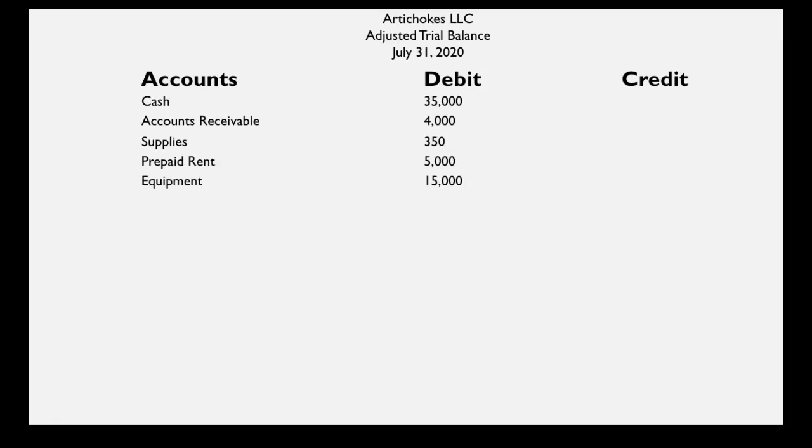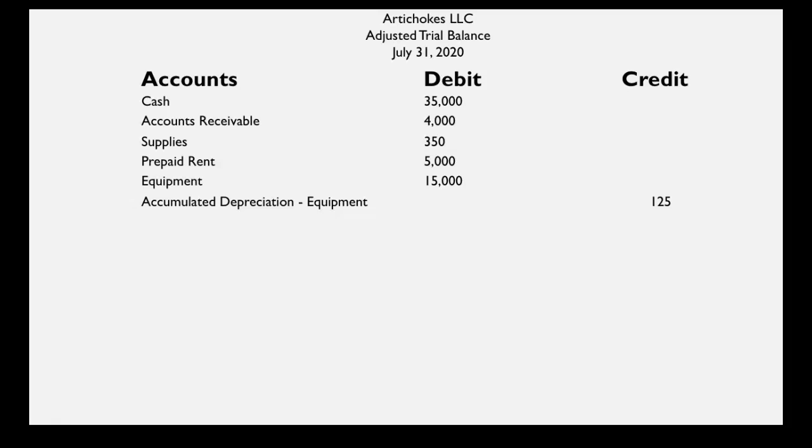That account was only affected whenever we buy or sell equipment. So equipment is still at $15,000, but right underneath equipment, we put the contra asset. We put our accumulated depreciation on this equipment, and it has a credit balance of $125.